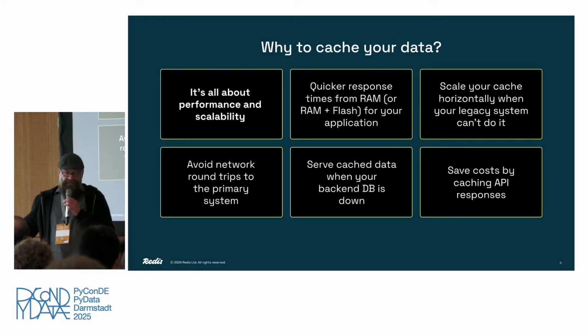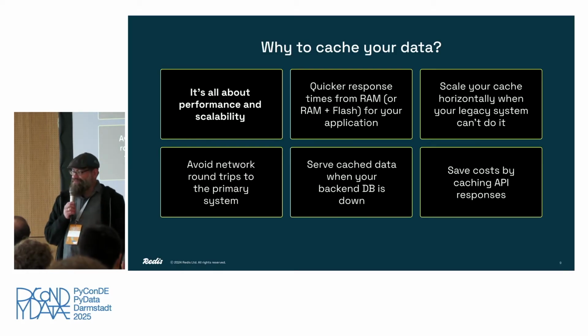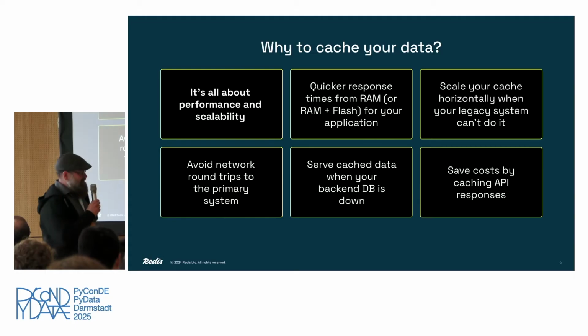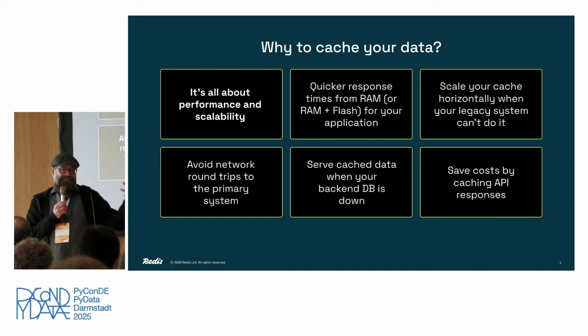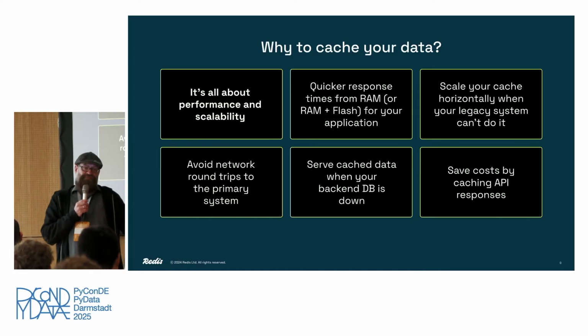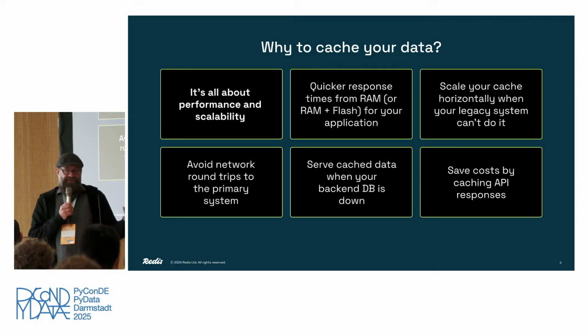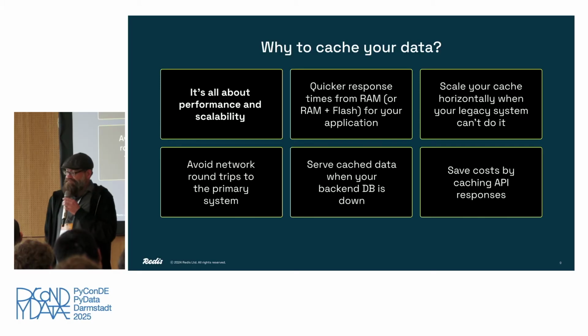Okay, Redis is a cache. So I can skip a bit by not telling you too much about what a cache is, but I think most of you know that you use a cache in order to speed up access. So instead of accessing your relational database system or another primary system, you would access it from a cache, maybe from memory in the case of Redis, and this gives you quicker response times.